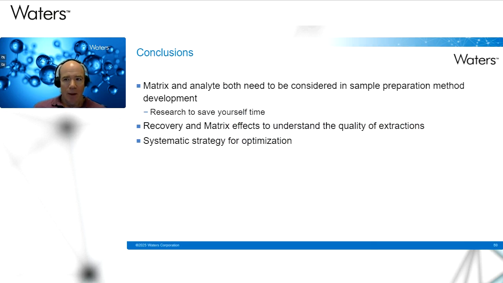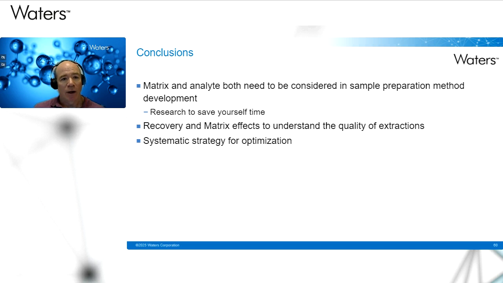So in conclusion, I just want to re-emphasize that both the matrix and analyte need to be considered in our sample preparation method development. Do yourself some research and save yourself some time and struggles. Understanding the nature of the analyte, is it conjugated, is it protein bound, what's its pKa, can go a long way to help you choose the appropriate sorbent and appropriate conditions as well.